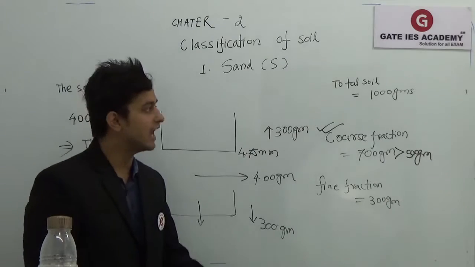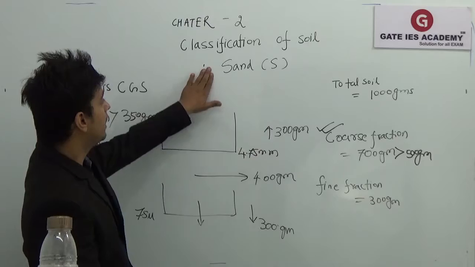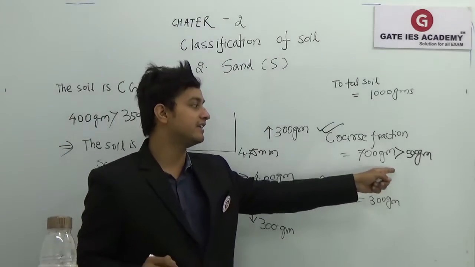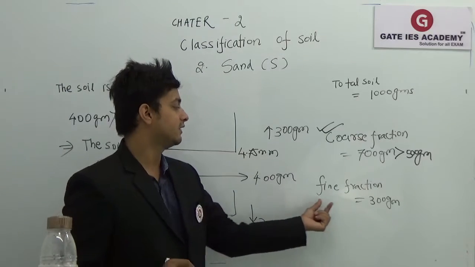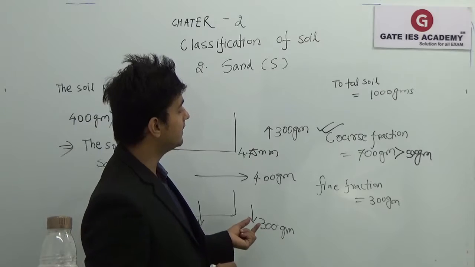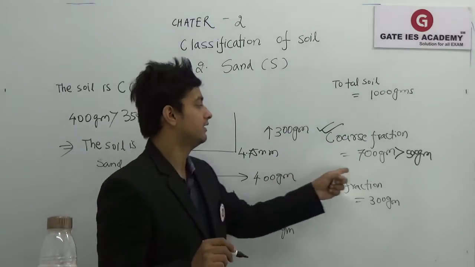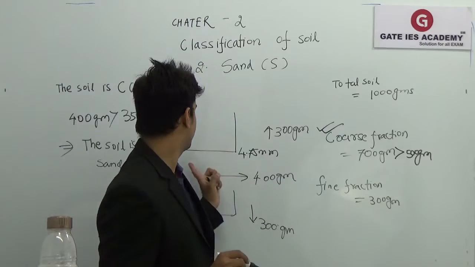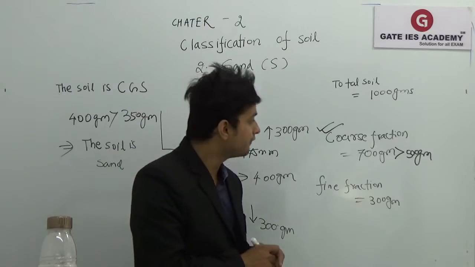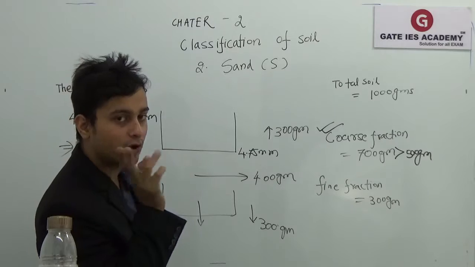Okay students, now if I just change the data here, 300 plus 400, again 700 is greater than 500, and fine fraction is again 300 grams. If this is the case, more than 50% of the soil is again greater than the 75 micron sieve, therefore the soil is coarse grained soil. Now out of coarse grained soil, is it sand or gravel?